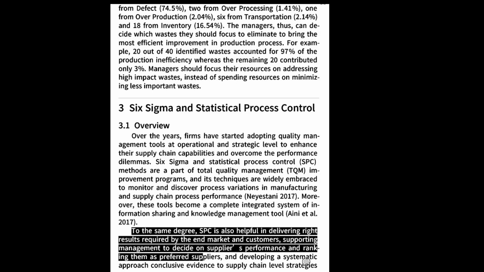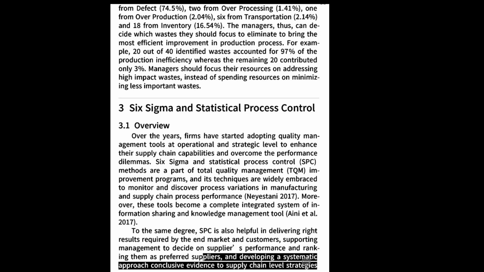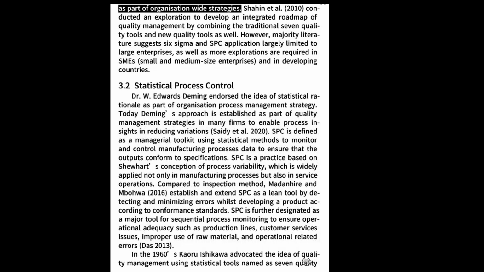To the same degree, SPC is also helpful in delivering the right results required by the end market and customers, supporting management to decide on suppliers' performance and ranking them as preferred suppliers, and developing a systematic approach with conclusive evidence to supply chain level strategies as part of organization-wide strategies.